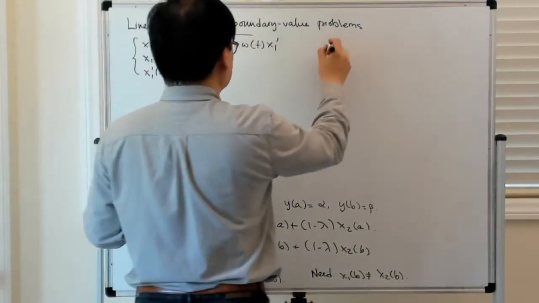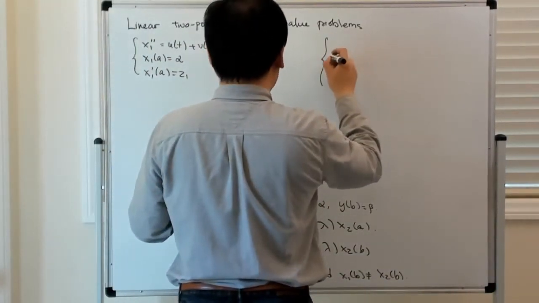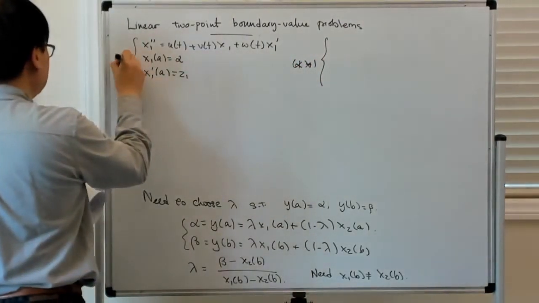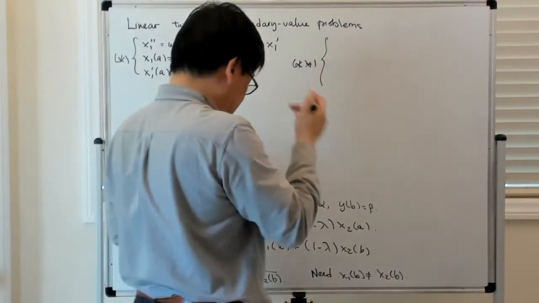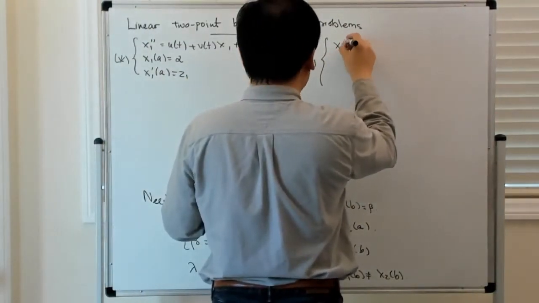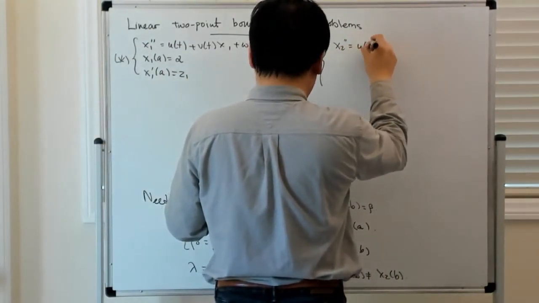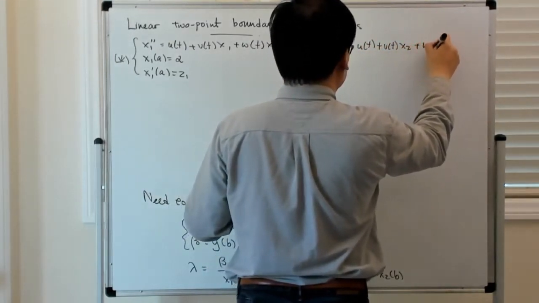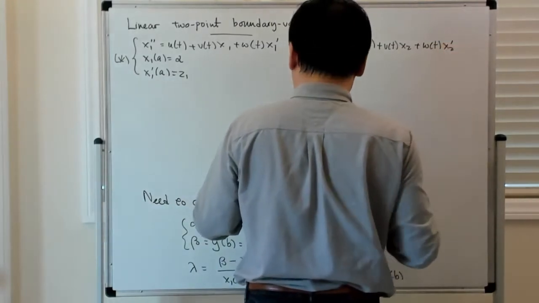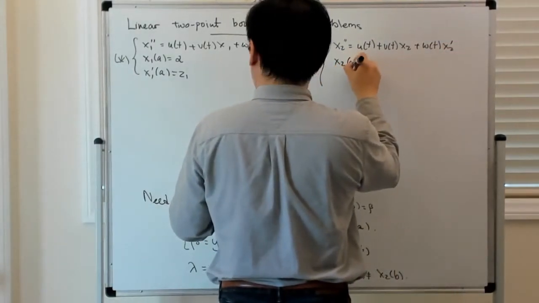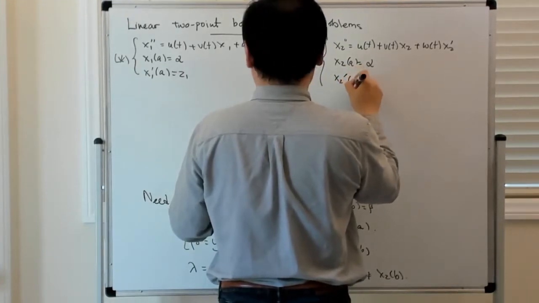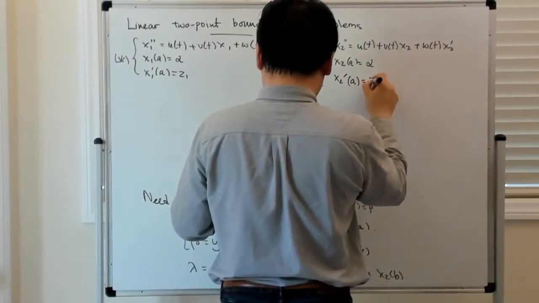Let's say x1 of a is equal to alpha and x1 prime of a is equal to z1. Then I'm going to write another equation which is similar but not exactly the same, basically with a different initial velocity. So x2 double prime is equal to u of t plus v of t x2 plus w of t x2 prime, and x2 of a is alpha as before, and x2 prime of a is equal to what I call z2.